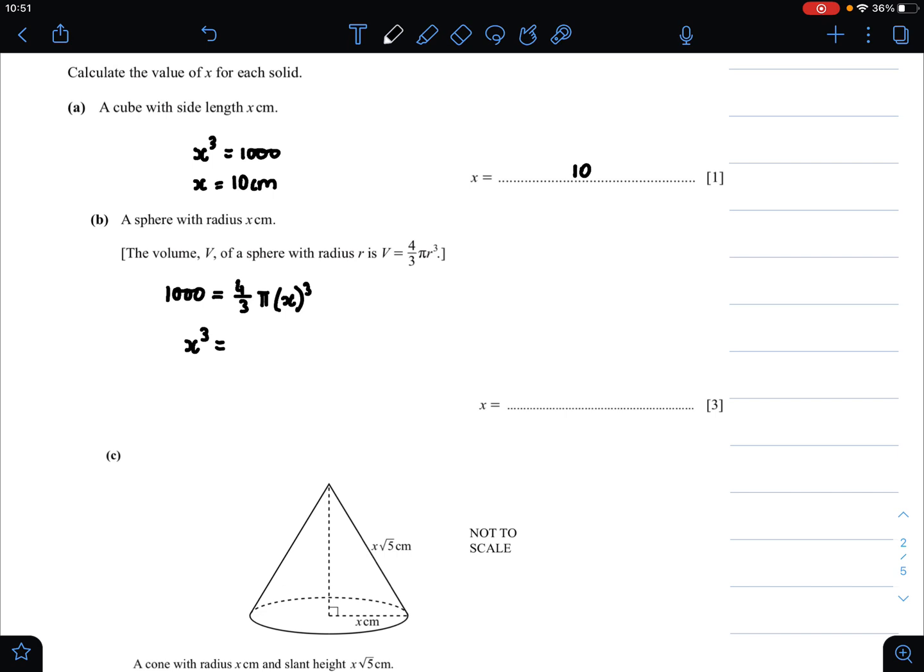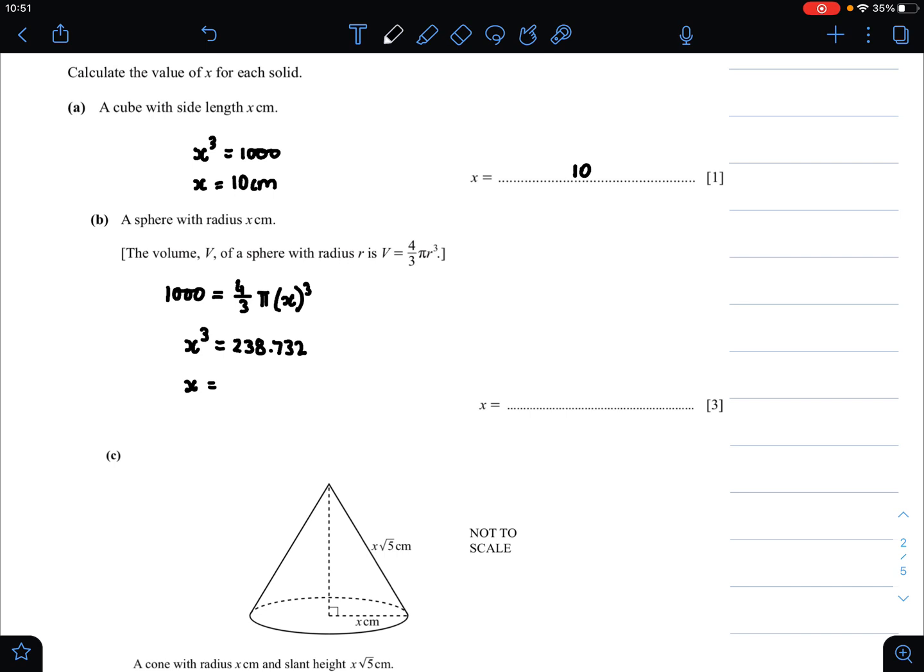is equal to 1000 divided by 4 by 3 pi, so that would be equal to 238.732, and therefore x will be equal to cube root of 238.732.